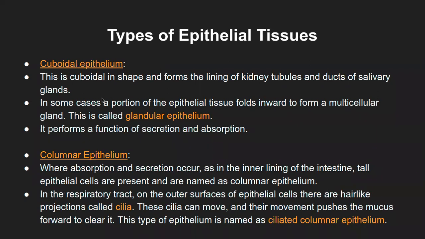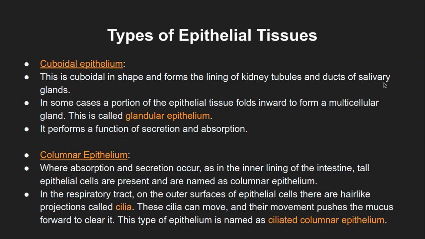Then the third type is the cuboidal epithelium. This cuboidal epithelium has cuboidal cells and forms the lining of the kidney tubules. Kidney tubules means your nephron structure has these cuboidal epithelium cells, and it is also present in the ducts of the salivary gland.